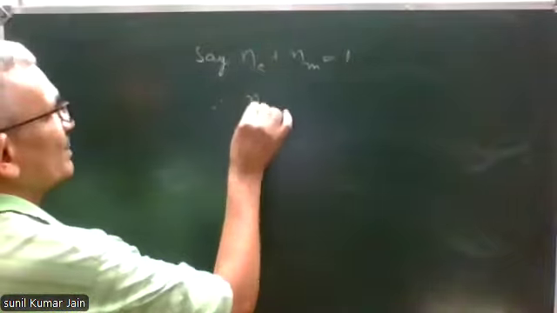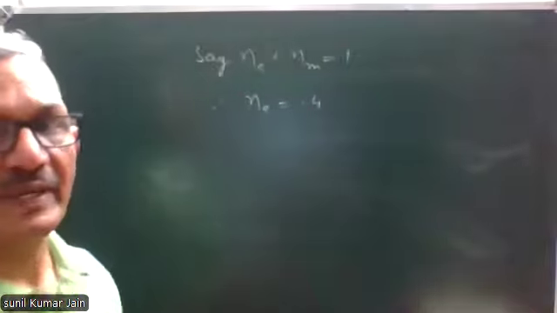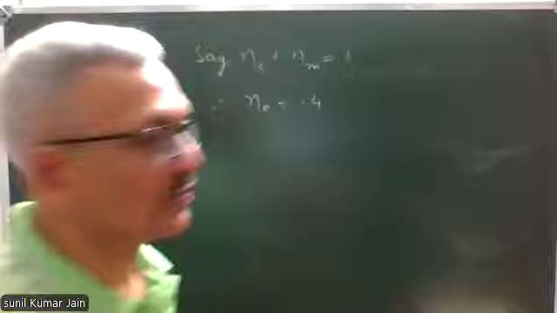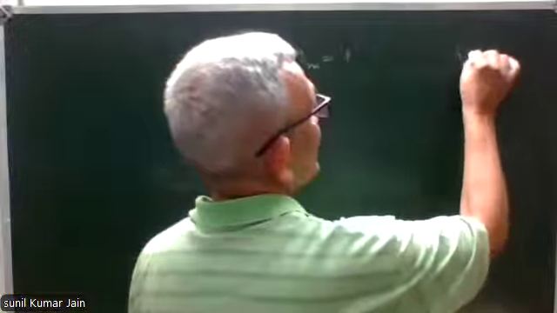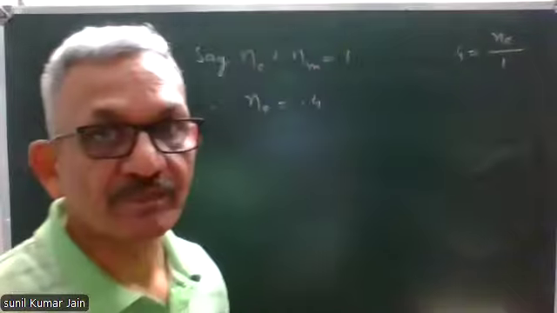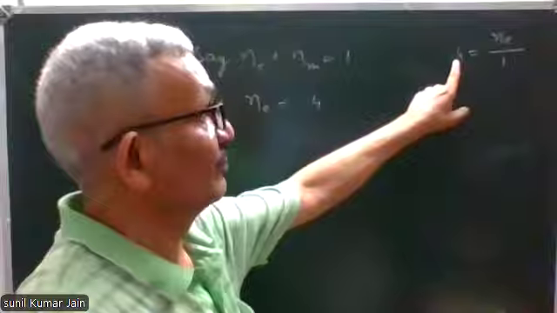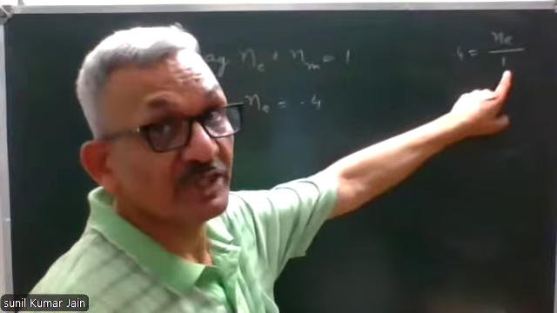Therefore, number of moles of ethanol will be 0.4. Now, why did I write 0.4? Because we are given mole fraction of ethanol is equal to number of moles of ethanol divided by total. I have assumed total number of moles equal to 1. Therefore, mole fraction of ethanol is this expression.